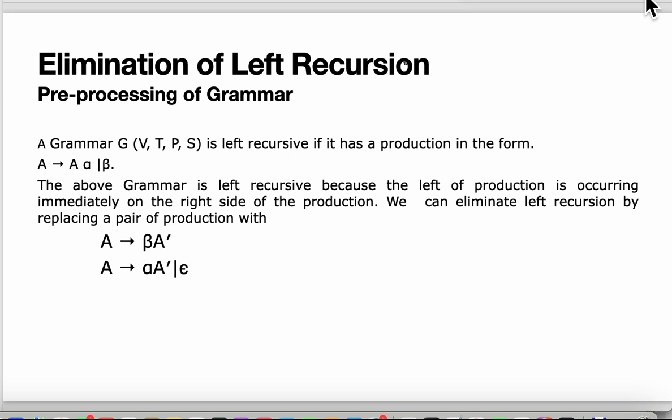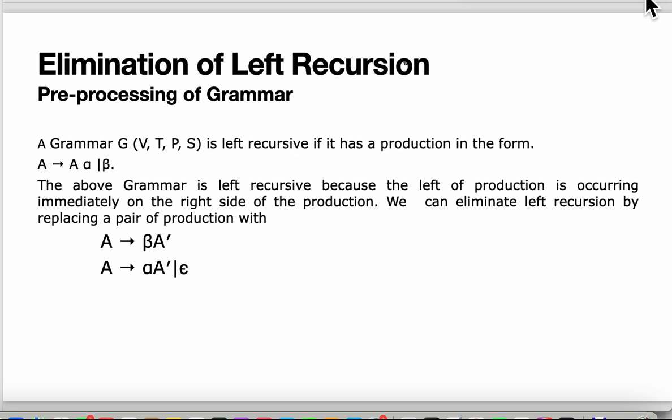Now replace A gives A alpha or beta by a new set of productions: A gives beta, the term which is not creating recursion, and the term which is creating recursion we replace with a new variable. Here the new variable we are taking is A dash. It can be B, it can be Z, whichever symbol is not there in the existing grammar.